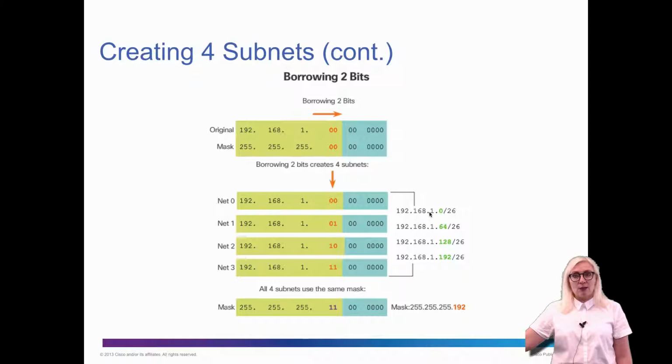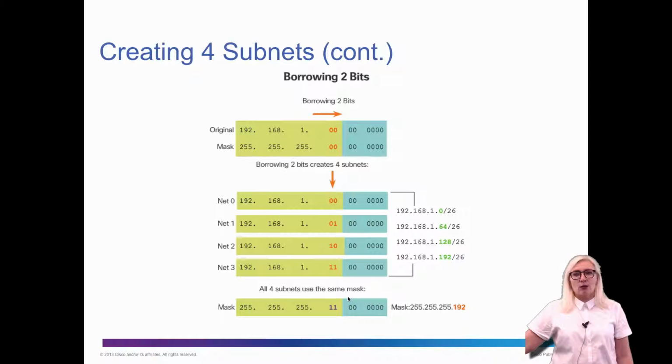So it's 192.168.1.0/26, 192.168.1.64. This one here is 64/26, 192.168.1.128/26, and 192.168.1.192/26. So these are now my new 4 networks when I borrow 2 bits.